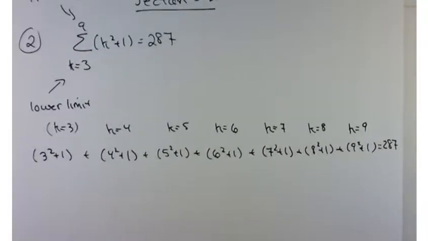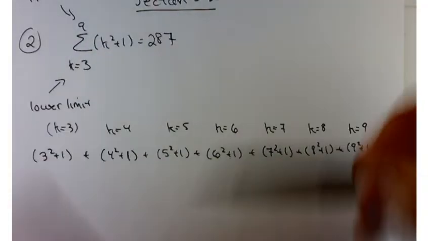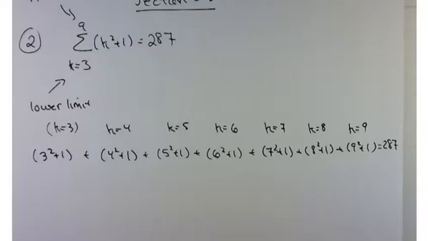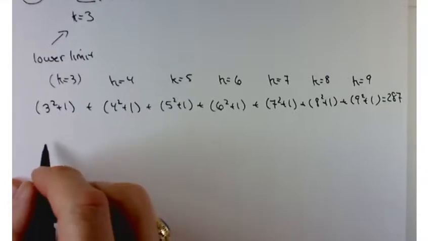Now the point of this is not necessarily to come up with the numbers, but to understand this kind of notation. Speaking of notation, let me remind you of another notation that we've dealt with before.